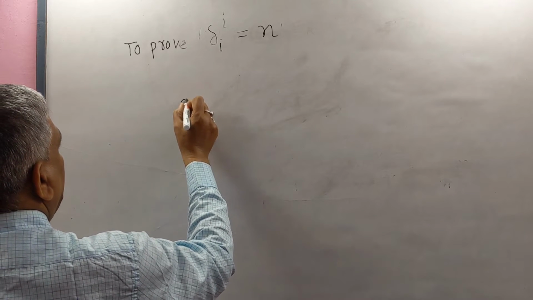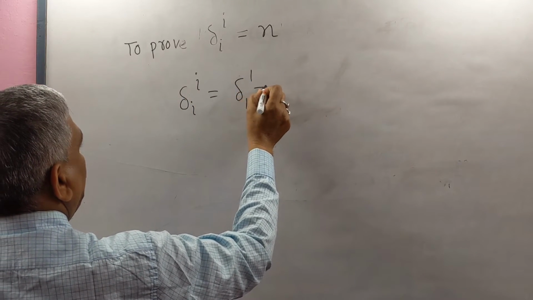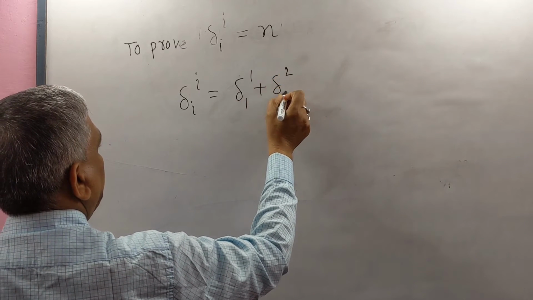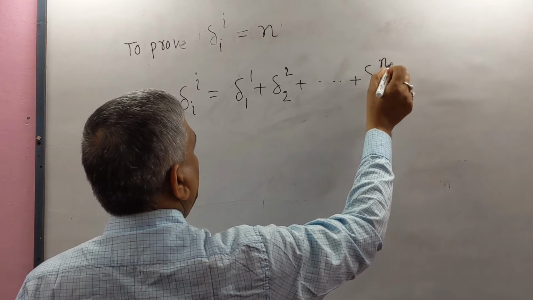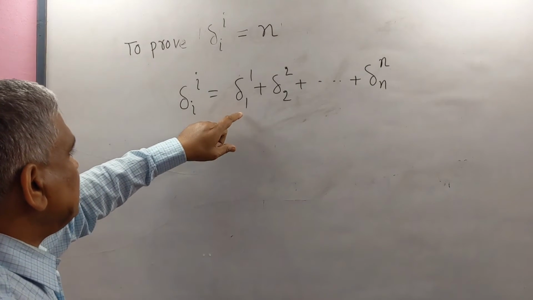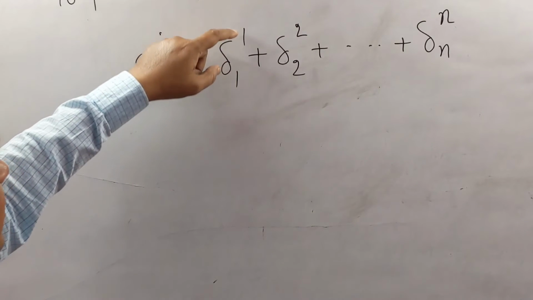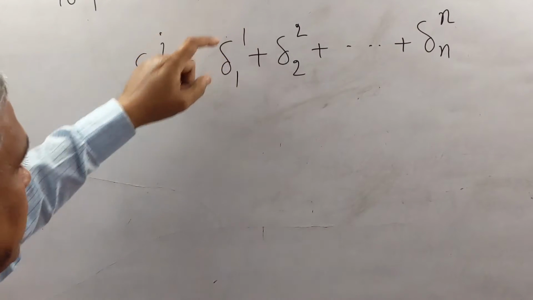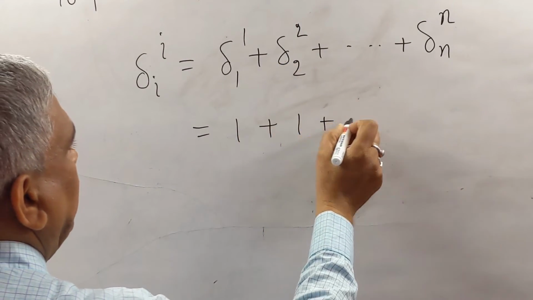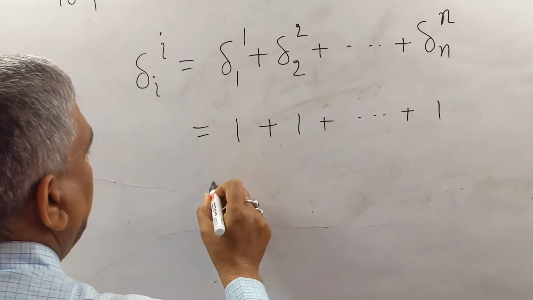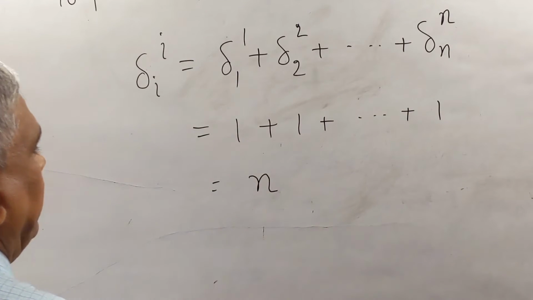Therefore, we may write delta_ii equal to delta_11 plus delta_22 plus dot dot delta_nn. Here we get i equal to j, that is i equal to 1, j equal to 1. That means its value is equal to 1. Similarly, this is 1 and this is 1. We get n numbers of 1, so this is equal to n.